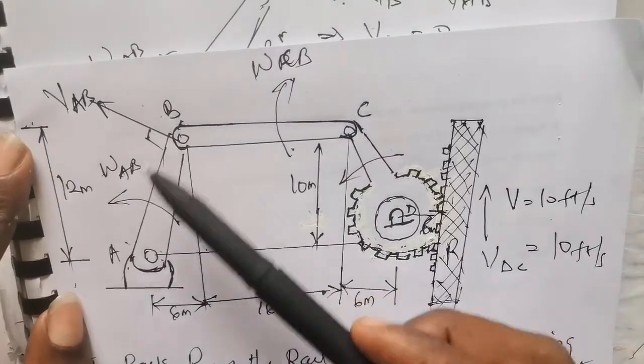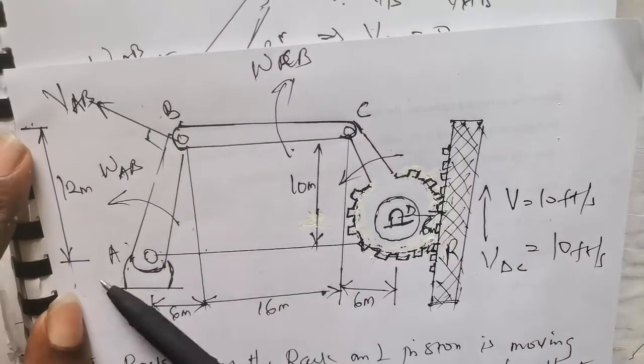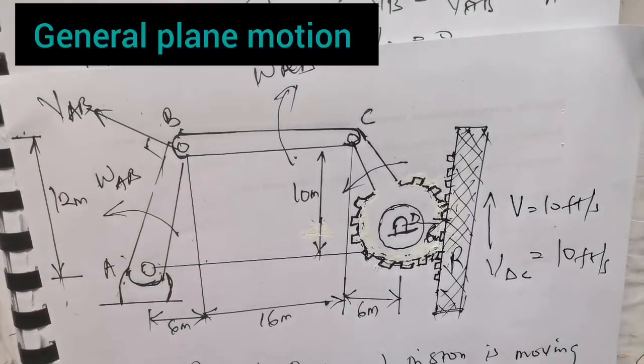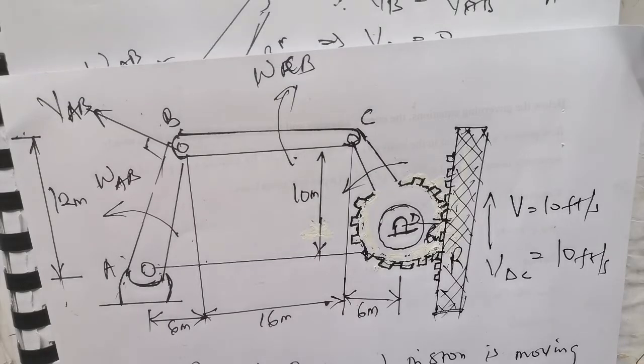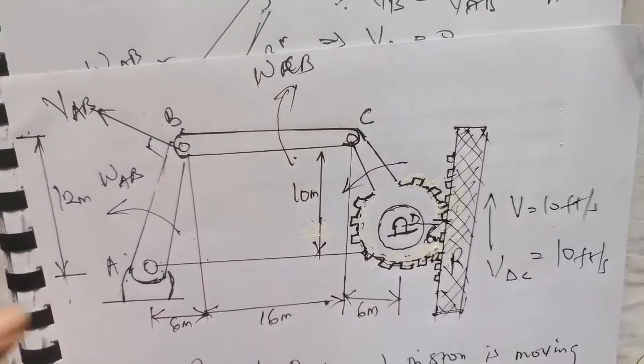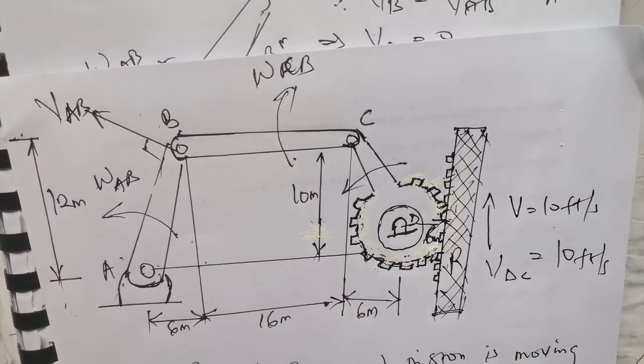Since it is connected in between two fixed arms, arm B to C is undergoing what is called general plane motion, which is a combination of both rotation and translation. So it is undergoing translational motion and rotational motion at the same time. The motion of arm BC is simply called general plane motion.